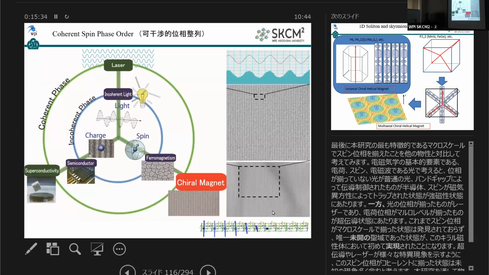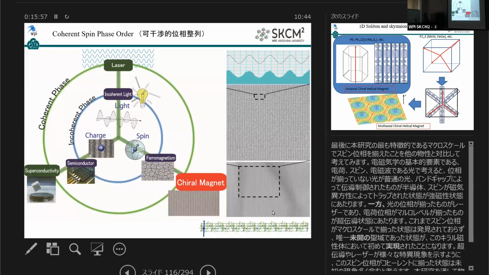If we consider the charge order state, it corresponds to superconductivity, and a normal metal or semiconductor is incoherent charge order. But chirality can make a coherent spin phase order.